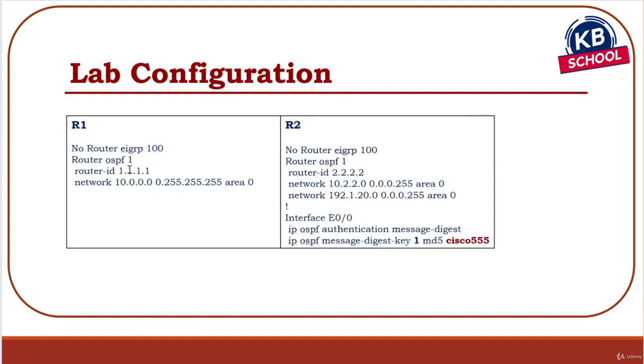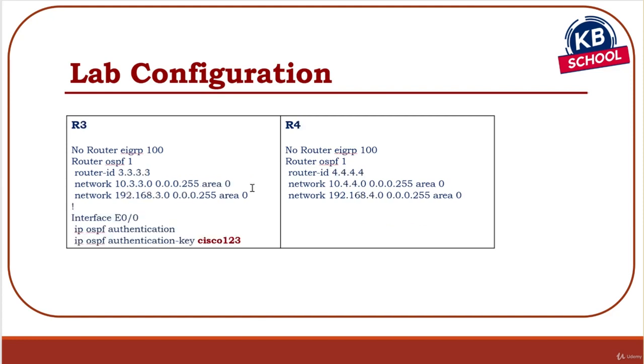Now on the router side, on router 1, I got rid of EIGRP, enabled OSPF instead, enabled it on all the interfaces. On router 2, no router eigrp 100, enabled it under the OSPF process, enabled the different interfaces, and then enabled MD5 authentication under the interface.